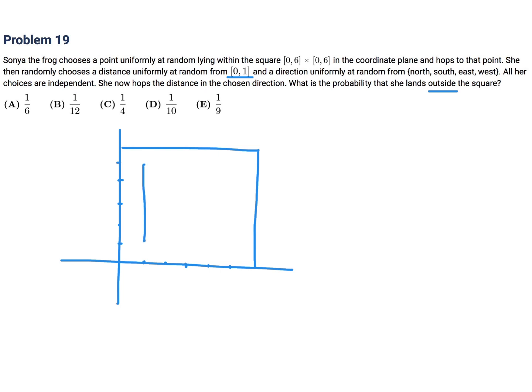All right. So let me just see. If she's in that box, for example, she's here, there's no way she's going to hop outside, because the maximum she can hop is 1 according to that distance. Then where do we go from there? Then I have to look at other regions.